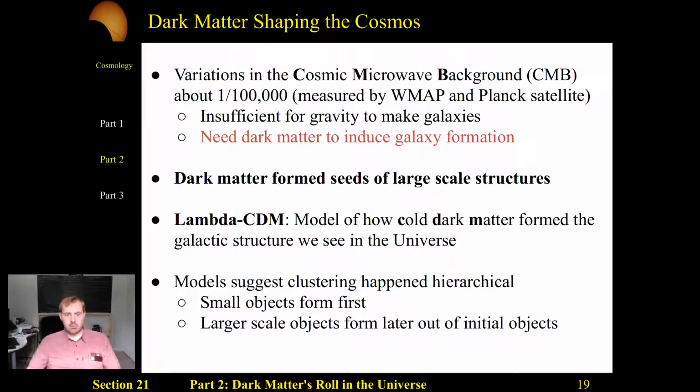So what we're basically going to go over is what's called a lambda CDM model, or the CDM stands for cold dark matter. So we're going to go through this model of how you go from an early universe of dark matter, and I'm using a couple of terms here. I'm going to say luminous matter, normal matter, ordinary matter.